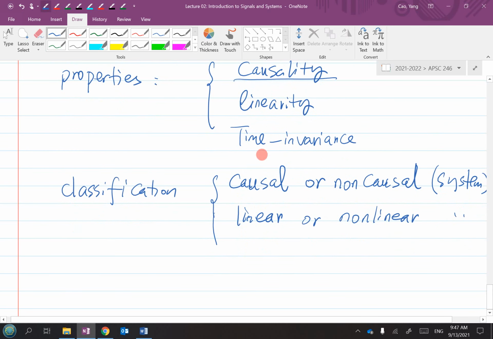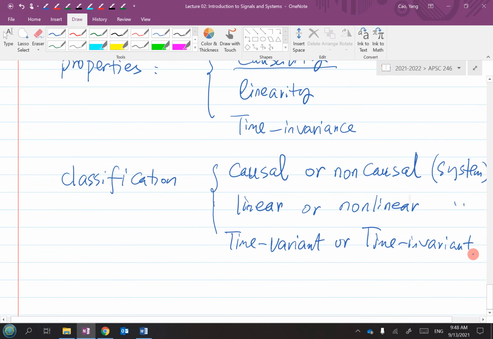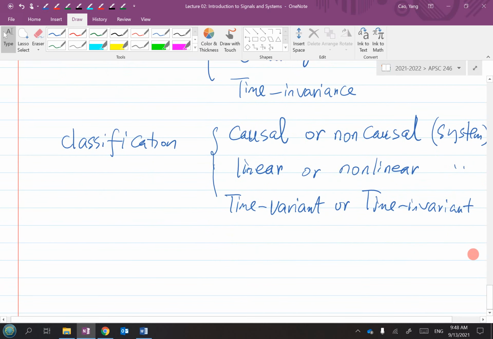And the last one: is the system time variant or time invariant? These are three classifications based on the properties, and all of them are yes or no answers. If you're given a system, you will see the exercise to determine the classification properly.